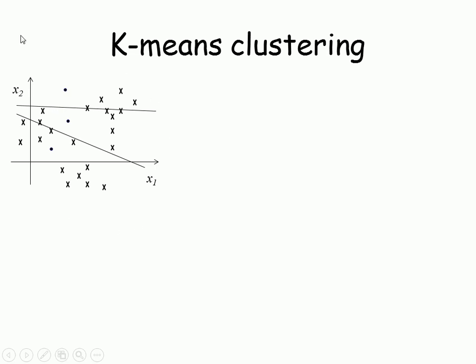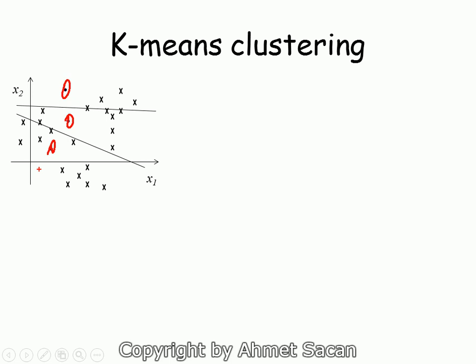If I am given a number of points, you will start off by initializing cluster centers. I will have these points as cluster centers, and you can initialize them either randomly or just pick any point from your data and assign them to be your cluster centers.